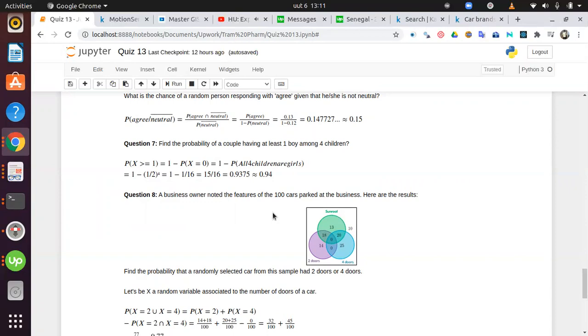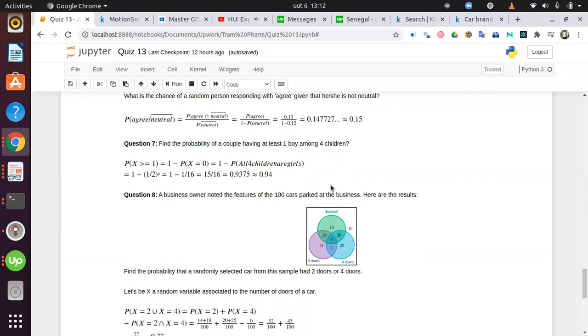Oh, okay. So this is the probability of having no boys. So 1 minus the probability that all 4 children are girls. So equal 1 minus 1/2 to the power 4.